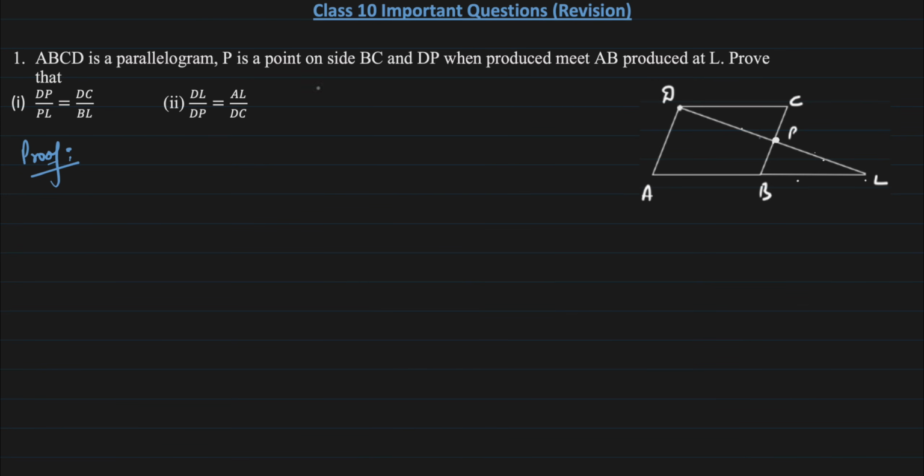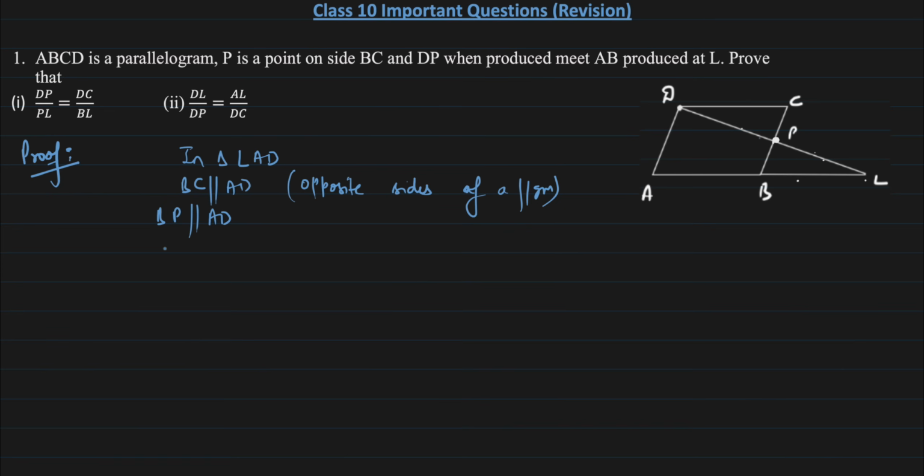So for the first part, we know that in triangle LAD, it's a parallelogram, so we know that BC is parallel to AD, opposite sides of a parallelogram. So I can say also that BP, which is part of BC, is also parallel to AD.